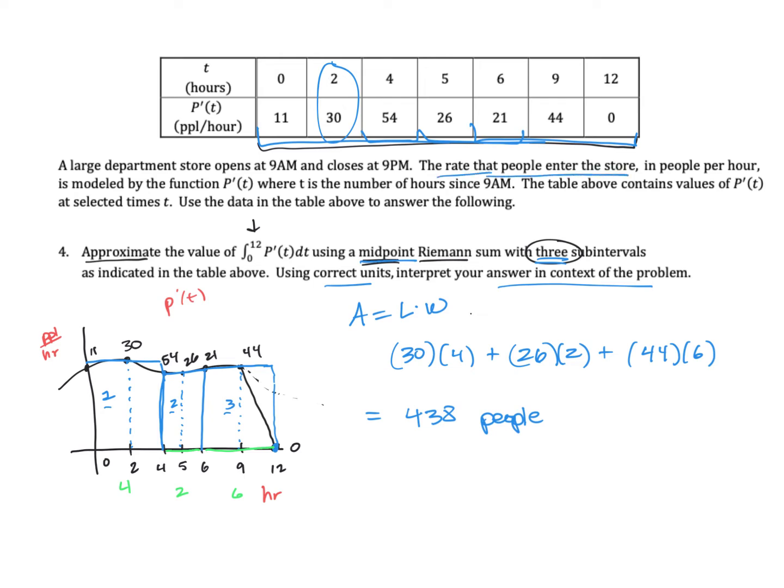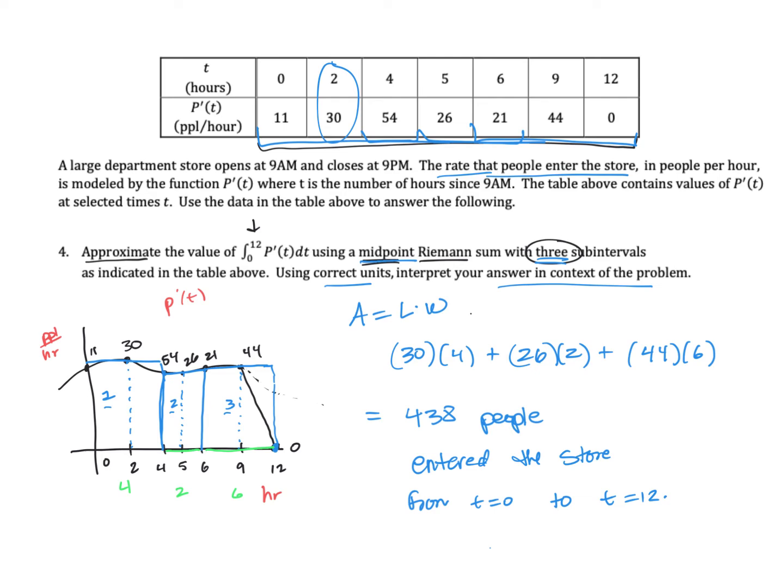So there were 438 people that entered the store from time equals 0 to time equals 12. And that's it.